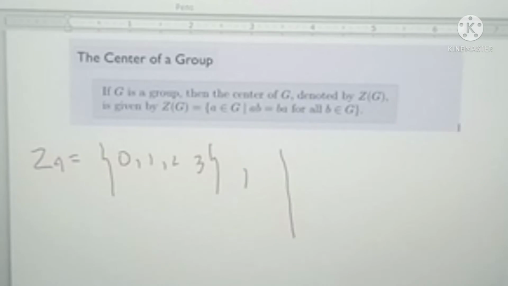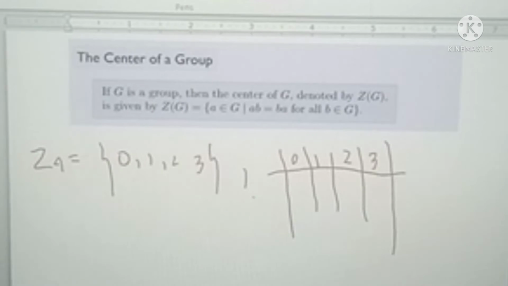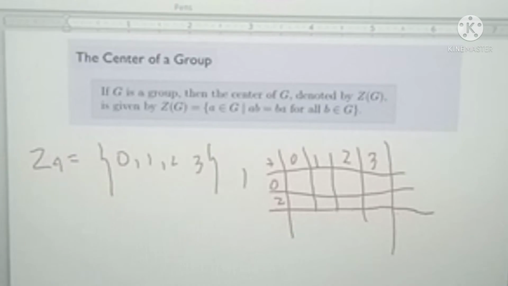This is under the binary operation of addition, with 0, 1, 2, 3 as the rows and columns.